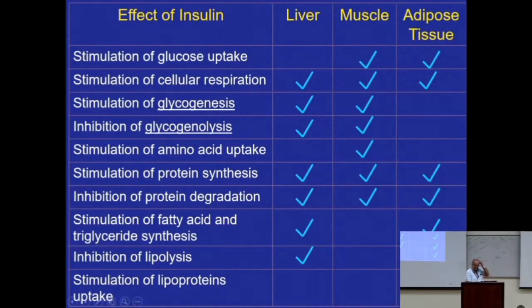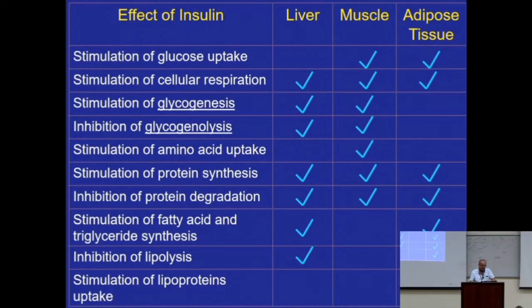And this is really a summary table of the effects of insulin. Very important. Without getting into all the details, here's the first important effect. Note where the checks are. Muscle, adipose tissue only. Not the liver. The liver will pick up glucose, but not because of insulin, because of high glucose.